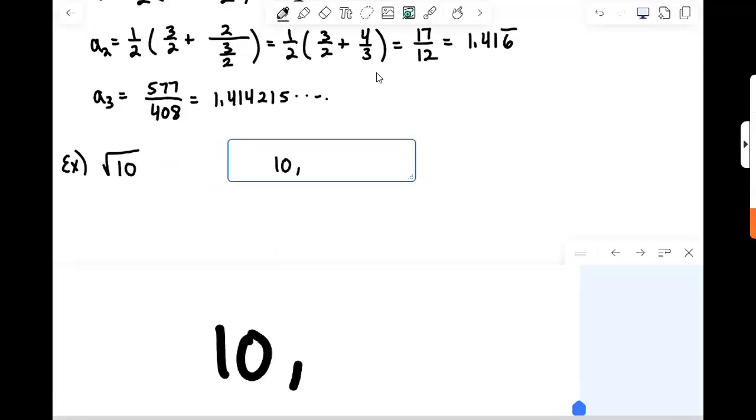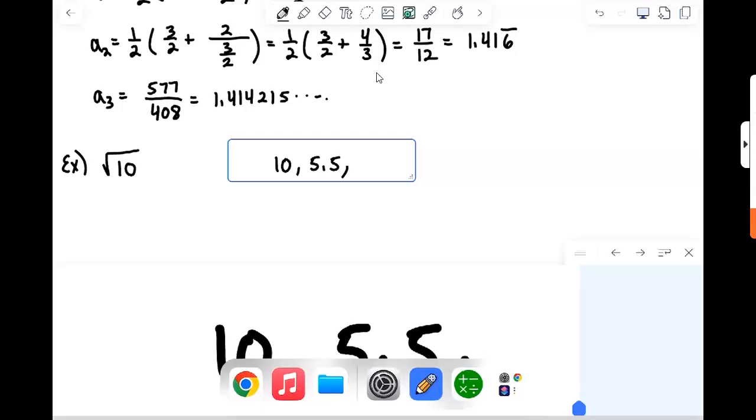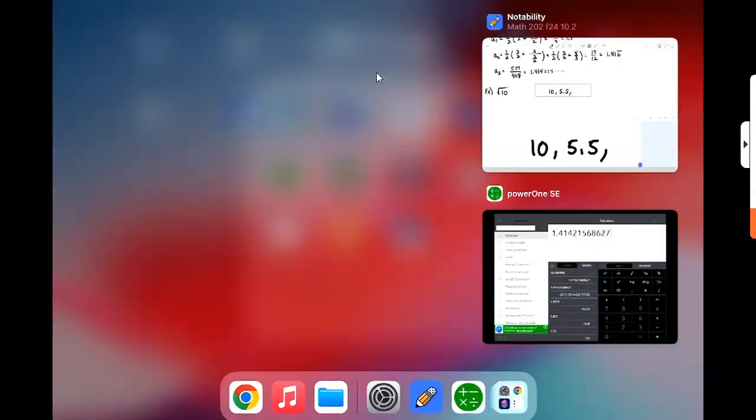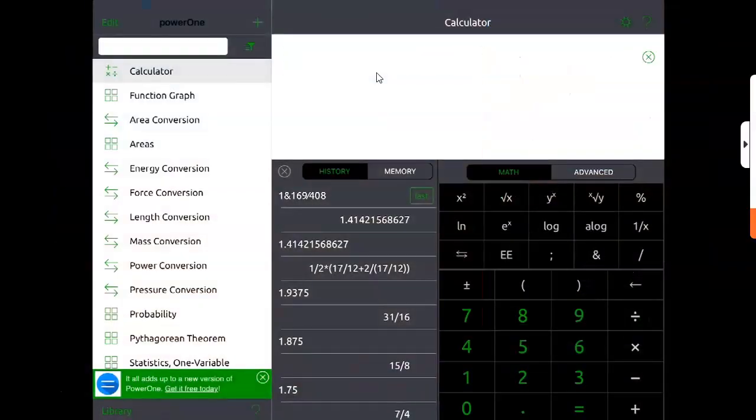The next one would be half of 10 plus 10 over 10, which would be 11 over 2, or 5.5. We can do those easily by hand. And then for the other ones, I'm just going to use my formula again. 1/2 times 5.5 plus 10 divided by 5.5.